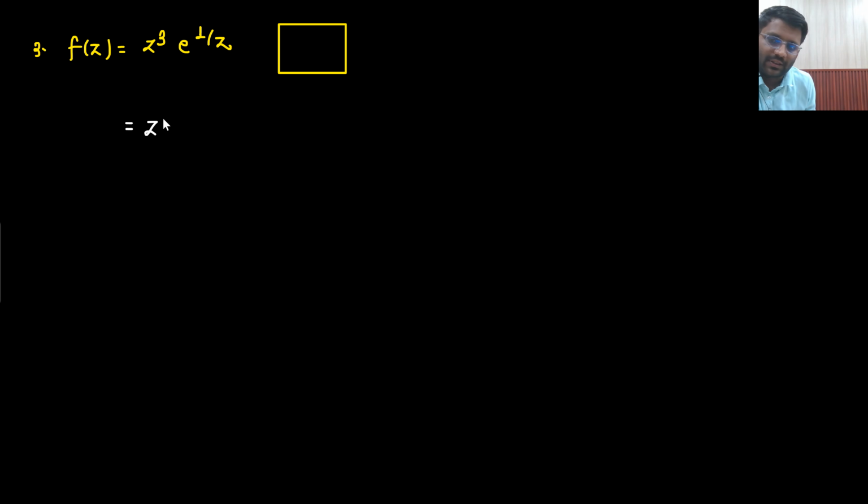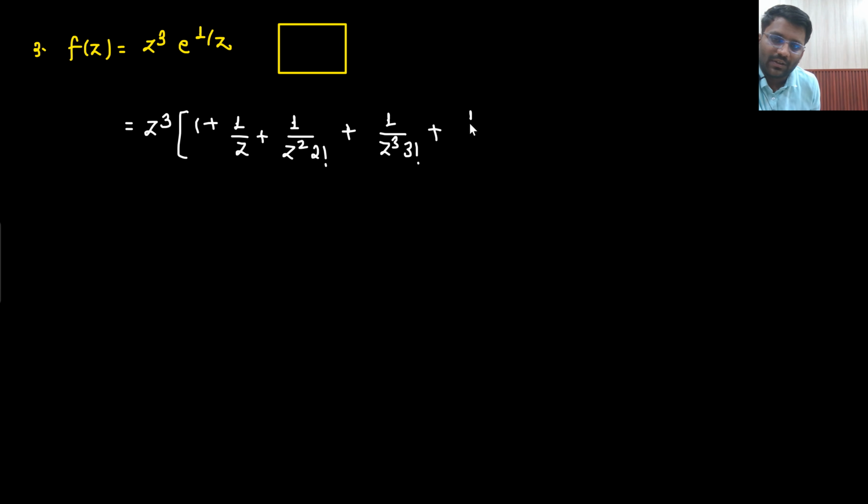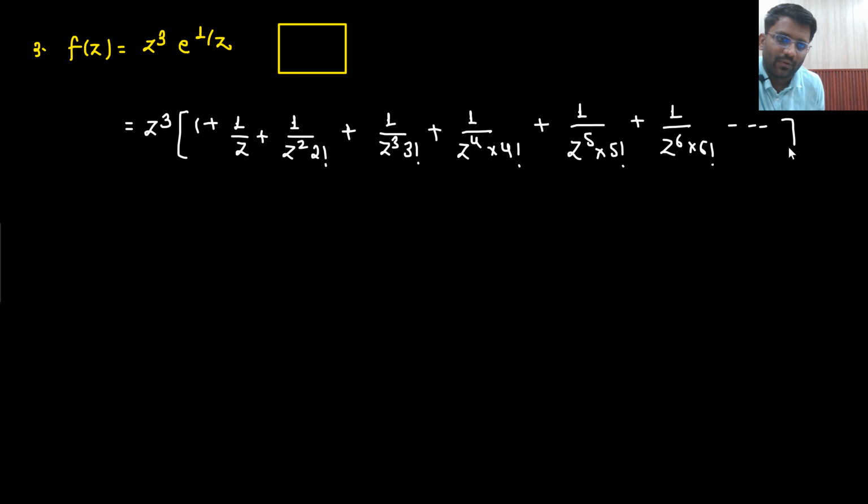So, let's do the expansion. z cube times 1 plus 1 by z plus 1 by z square divided with 2 factorial, plus 1 by z cube divided with 3 factorial, plus 1 by z to the power 4 divided with 4 factorial, plus 1 by z to the power 5 divided with 5 factorial, plus 1 by z to the power 6 divided with 6 factorial, and it will keep on going.